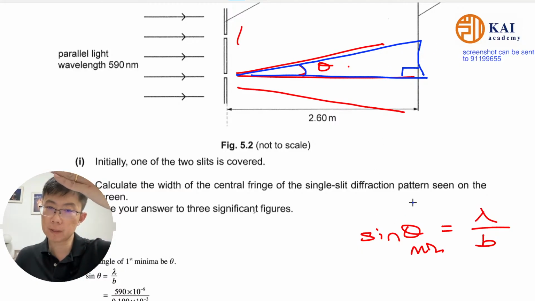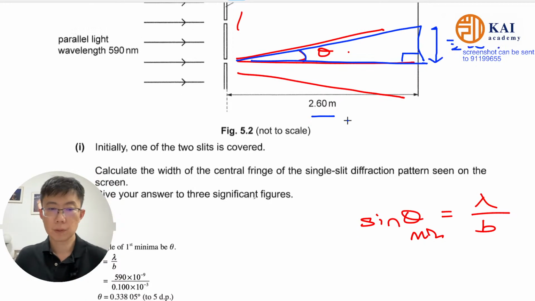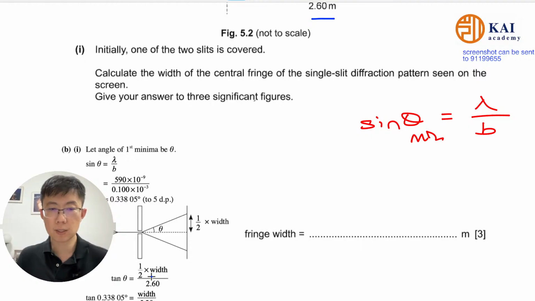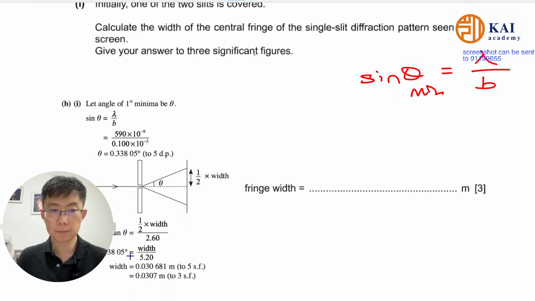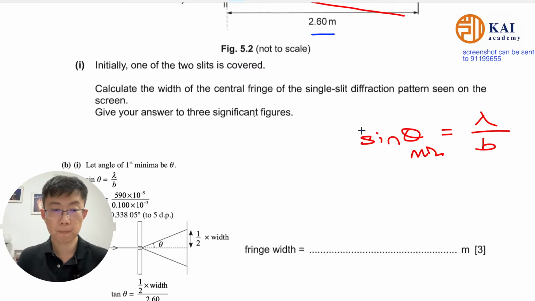Once you have found theta minimum on one side, using trigonometry, with this being 2.6 meters, you then work out this part, which is half of the width. So tangent theta is half of the width over the adjacent, which is 2.6. Then from there, finding the width is arithmetic.